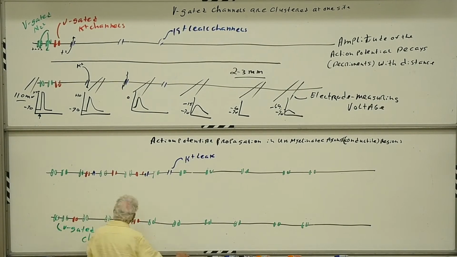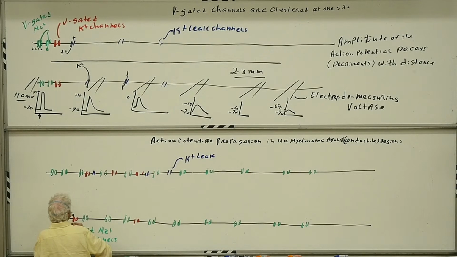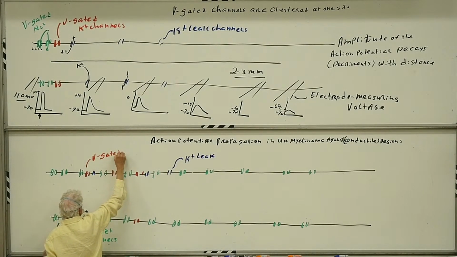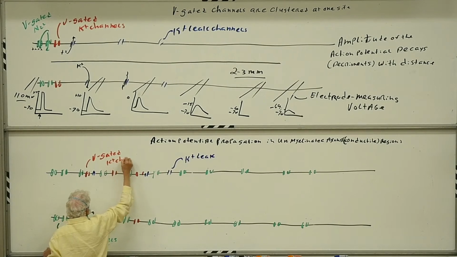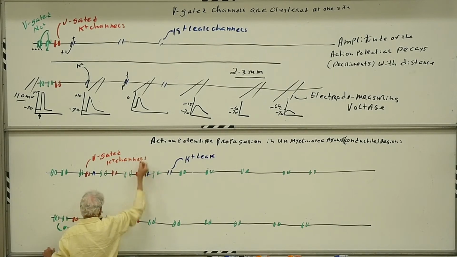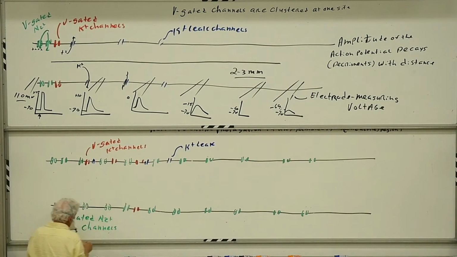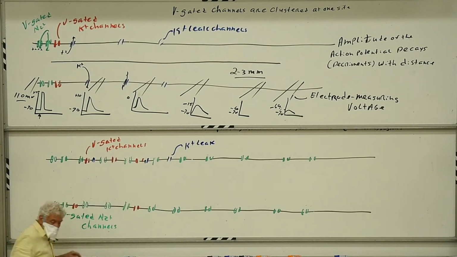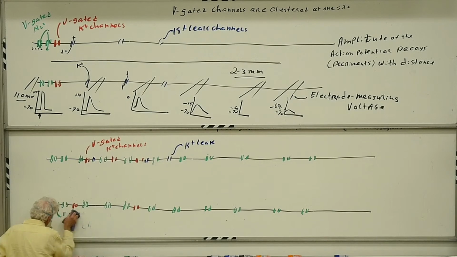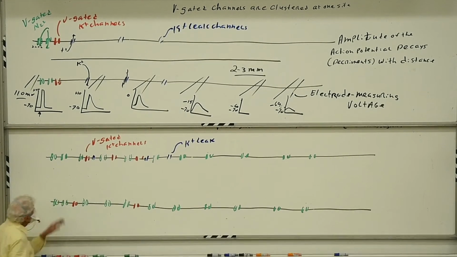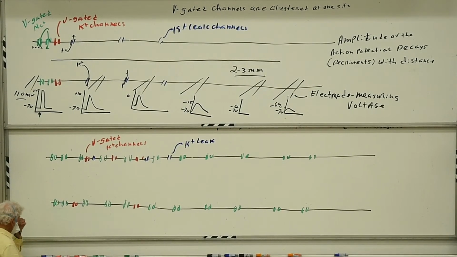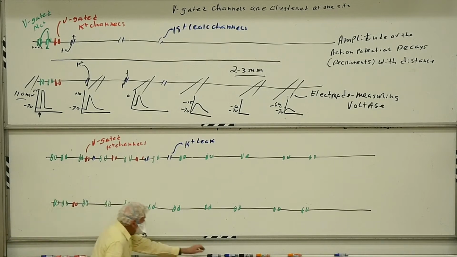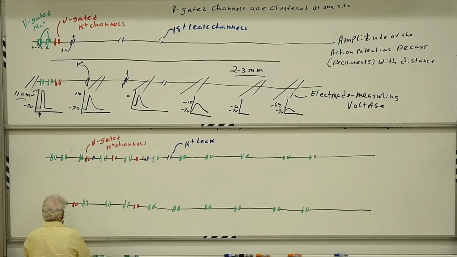And the red are the voltage-gated potassium channels. Let me get rid of this because I need to put my electrodes in here. So we're now going to put electrodes across the membrane and take measurements at regular intervals, just like we did above. So we can imagine putting electrodes in here.